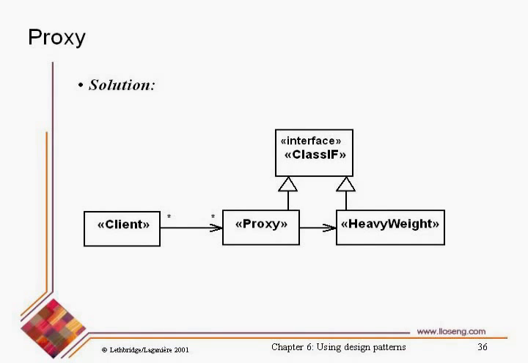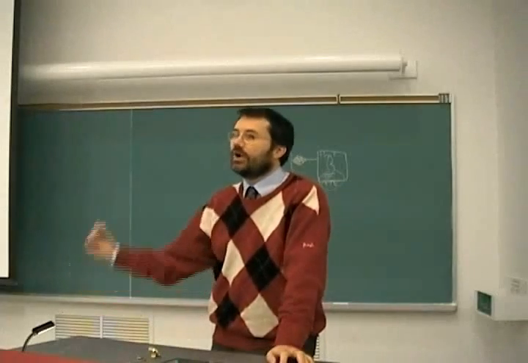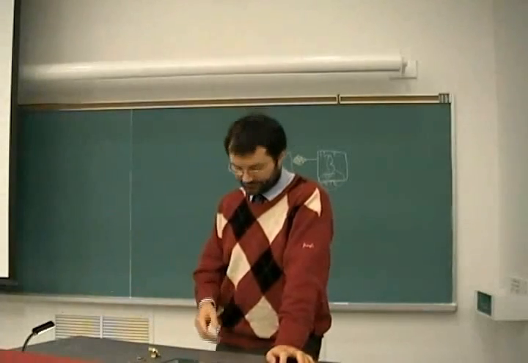But the proxy's display delegates to the heavyweight's display. So they're going to have the same methods. They look the same to users. The users don't really care, except that the client will access a lightweight proxy version by default, to avoid the overhead of loading when we don't really need to load.